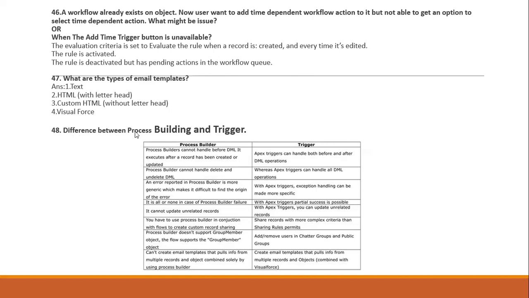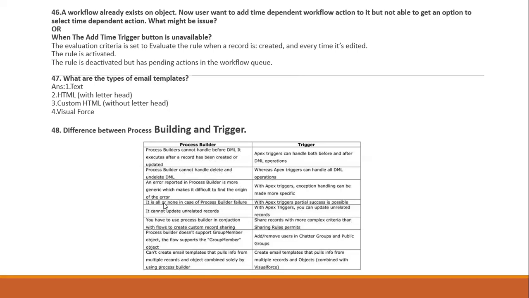Next question: difference between process builders and triggers. Process builders cannot be handled before the DML; they execute after a record has been created or updated. Process builder cannot handle delete and undelete DML. Errors reported in process builders are more generic, which makes it difficult to find the origin of the errors.